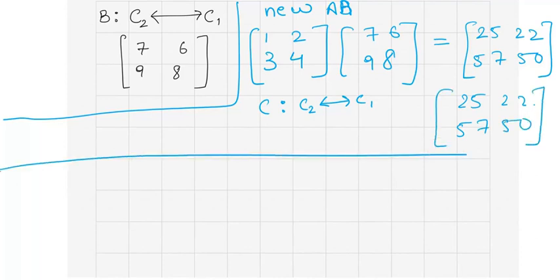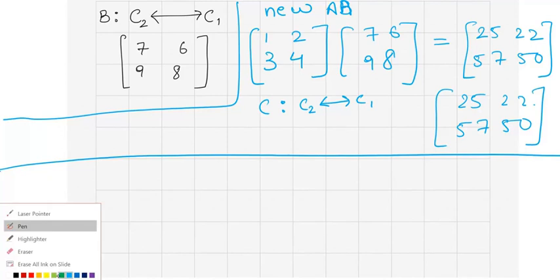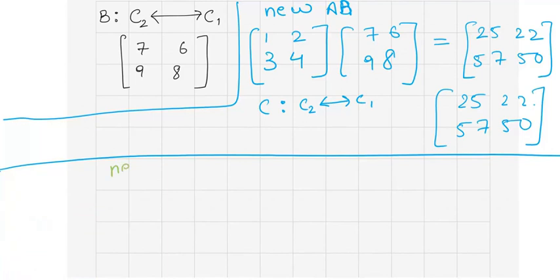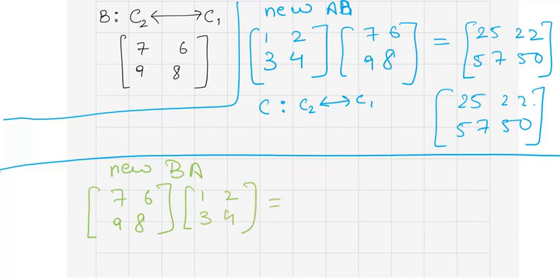And we can see where this is going if we check what happened to our product BA from 6, 7, 8, 9 times 1, 2, 3, 4 into 7, 6, 9, 8 times 1, 2, 3, 4. And this evaluates to 25, 38, 33, 50.